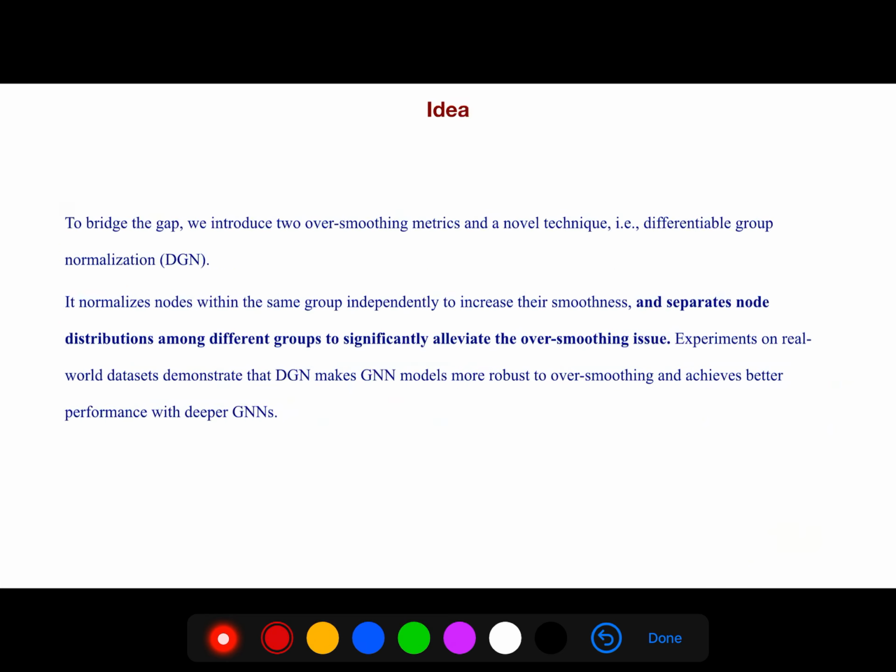So they introduce two oversmoothing metrics and a novel technique which is called differentiable group normalization. It normalizes nodes within the same group independently to increase their smoothness. One group, two group. So it normalizes and separates node distributions among different groups to significantly alleviate the oversmoothing issue.